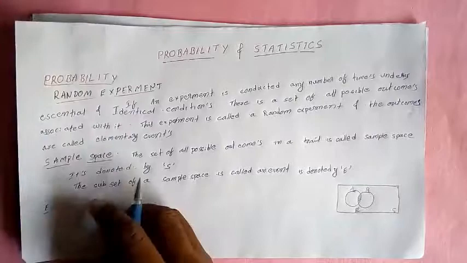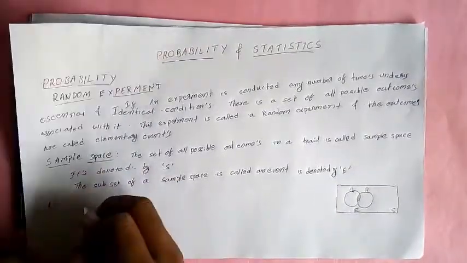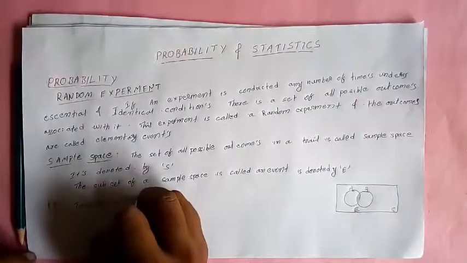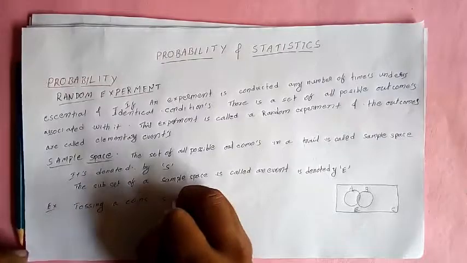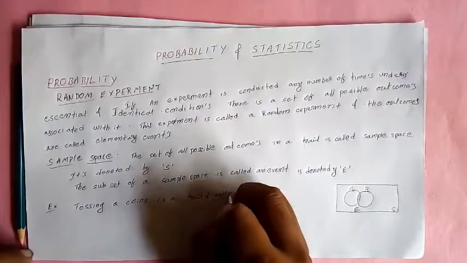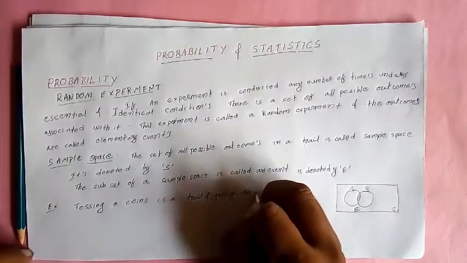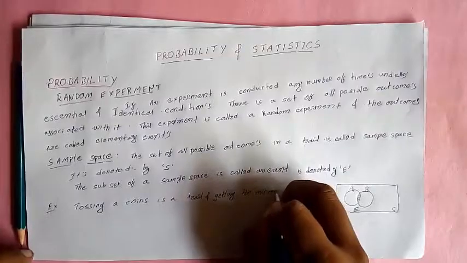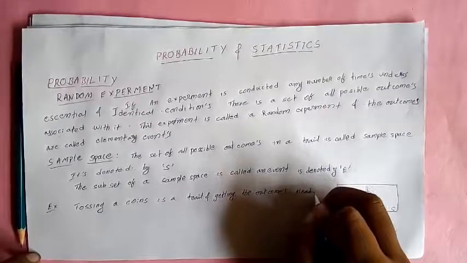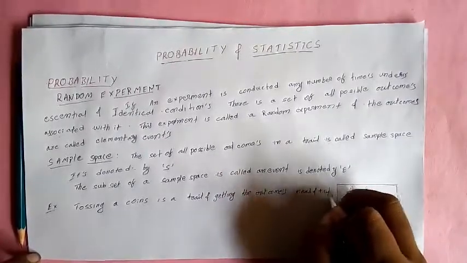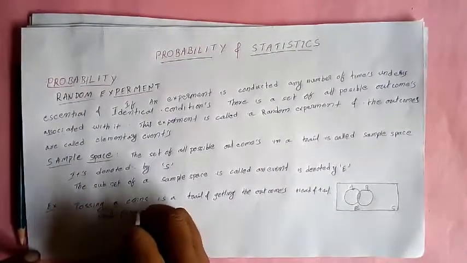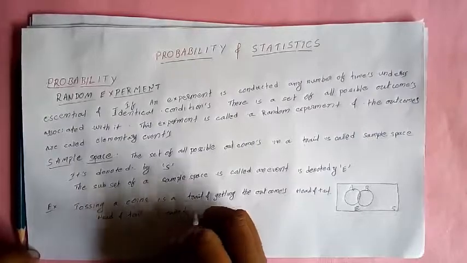For example, first we take the example of tossing a coin. Tossing a coin is a trial, and there are only two outcomes in a coin, one is head and another one is tail. These two, head and tail, are called events.